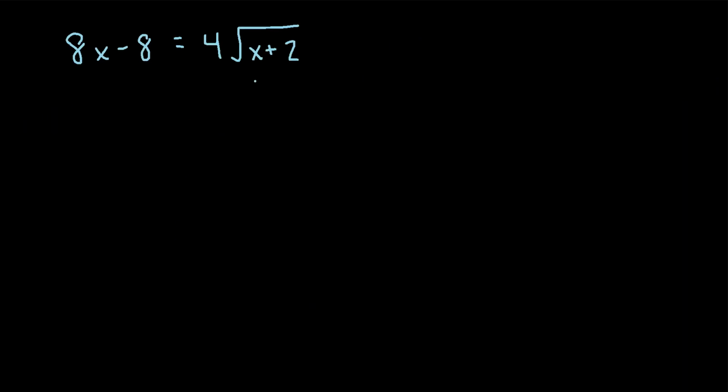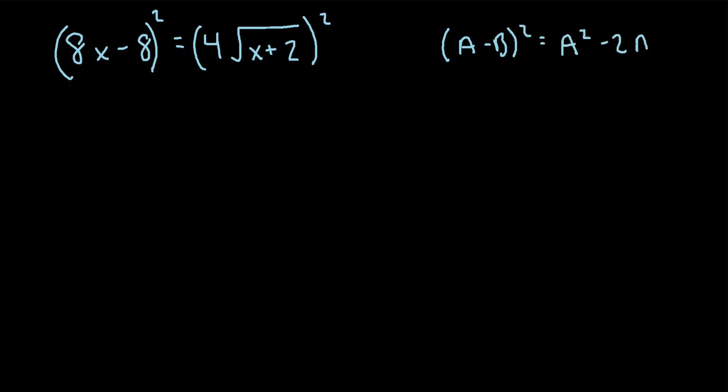Okay, so here's where we were at. Now notice we still have one radical right here, so we want to get rid of that radical. So what we can do is we can square this right-hand side, and we can also square the left-hand side. Now on this left-hand side, when we have some value minus another value squared, so when you have a minus b squared, this turns out to be a squared minus 2ab plus b squared.